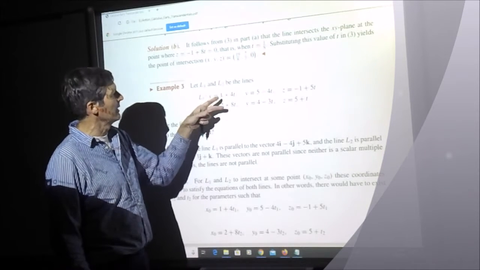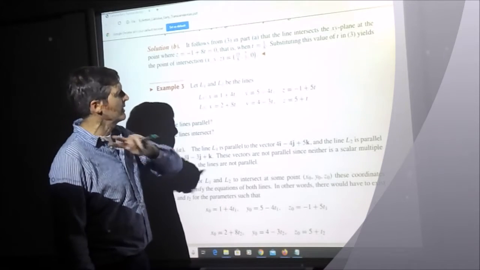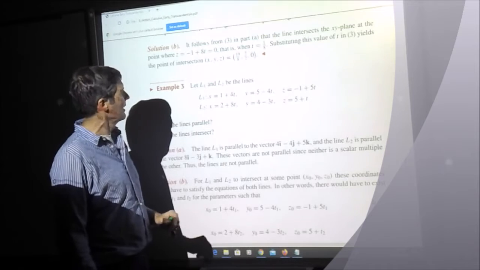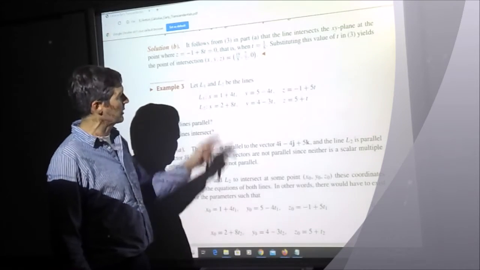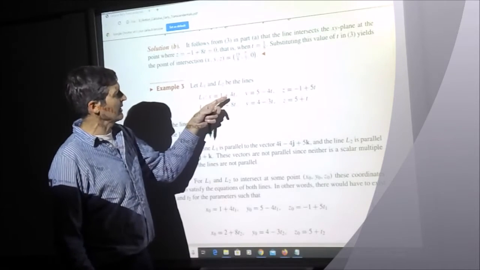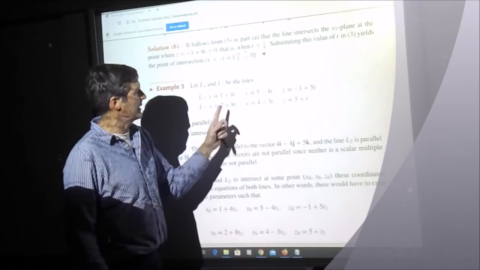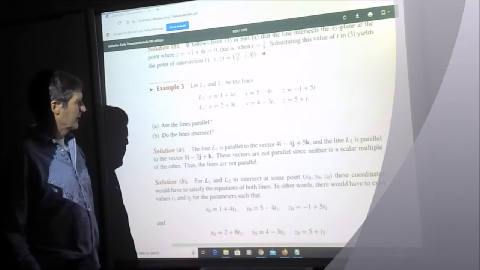If not, they're not. Well, this component is twice this one, but this one is not twice this one, so they are not parallel vectors, the direction vectors for these 2 lines, hence the lines are not parallel. So you can just compare the things that multiply t, to see if the components are a multiple of the ones on the other one.